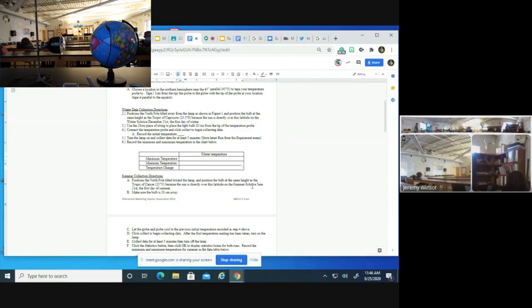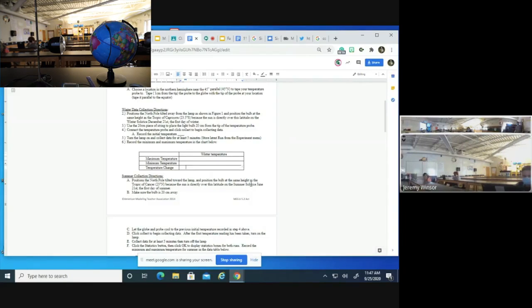Temperature change. What was the first one? All right. The first one was 23 degrees Celsius, our room temperature.